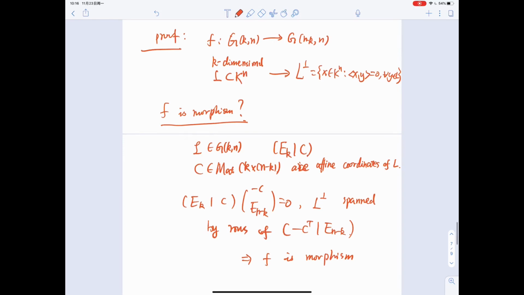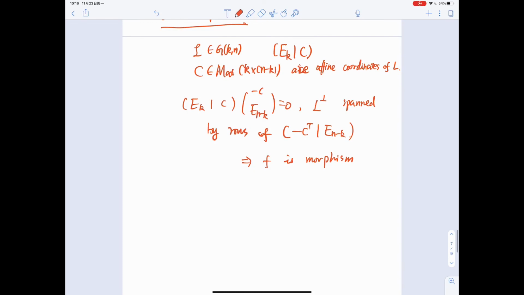The next example, we show that G(2,4) in P^5 can be defined by a single equation.